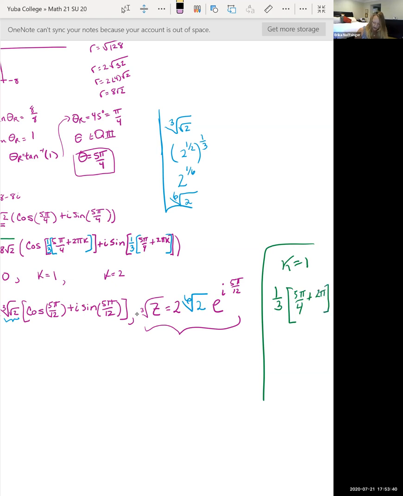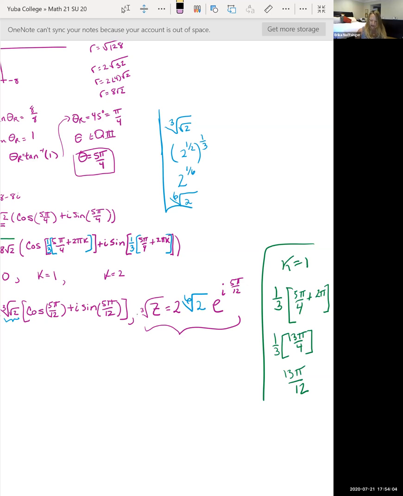So we have 1/3 all times, I'm going to need a common denominator. So this is 8 pi fourths. 2 pi is the same thing. So 8 pi fourths plus 5 pi fourths is 13 pi fourths. Now if I multiply through by that 3, I get 13 pi 12ths.